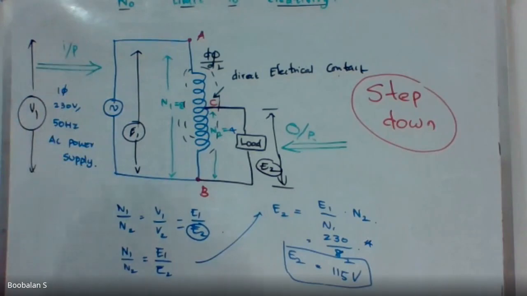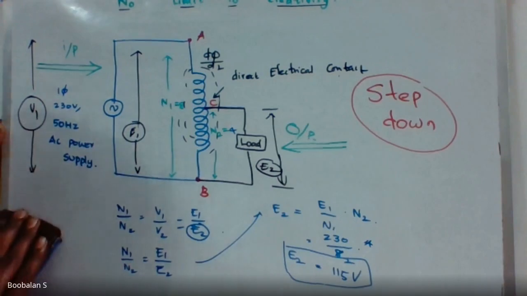This is why it's called a step down auto transformer. Anyone have a quick snap? We'll move into the step up transformer. It's not difficult, it's very easy actually. Yes, anyone? Thank you, Krishna.